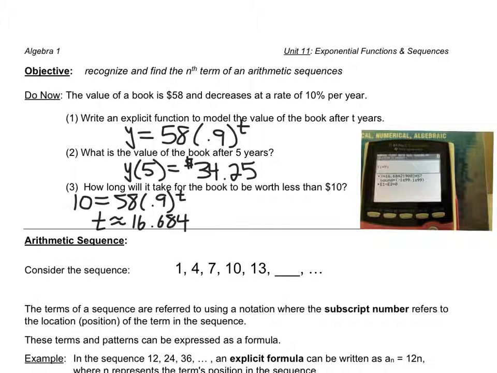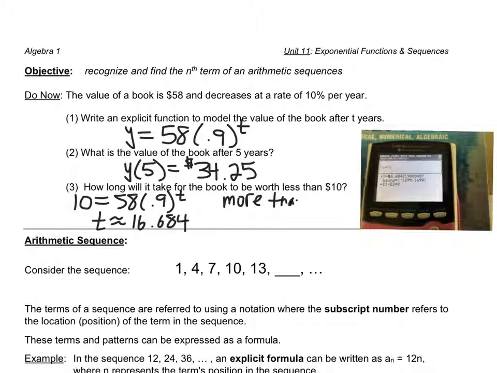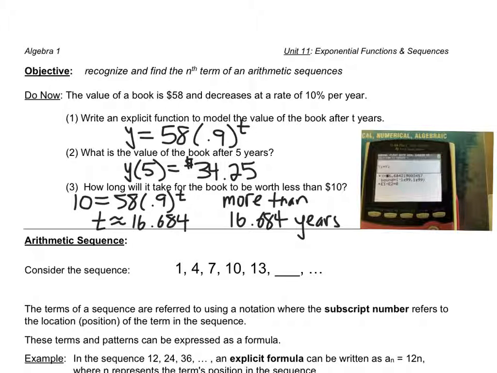All right, so how long will it take for the book to be worth less than $10? Well, this is how long it'll take to be worth exactly $10. So t is greater than 16.684 years. Just be careful about rounding, all right?